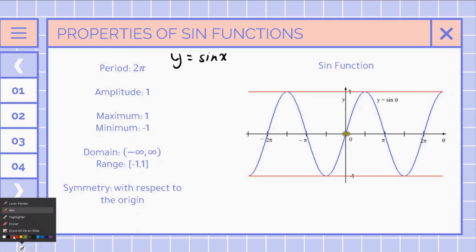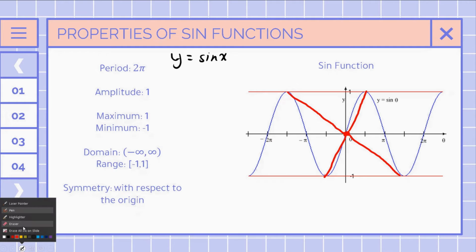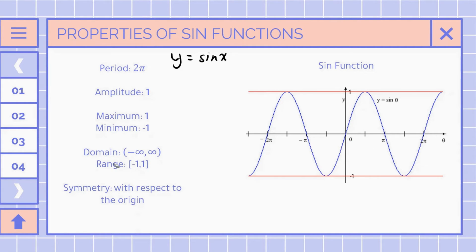Okay, let me get a darker color. With respect to the origin means it's diagonally symmetrical. I'll show the other way it's symmetrical with the y is equal to cosine function.